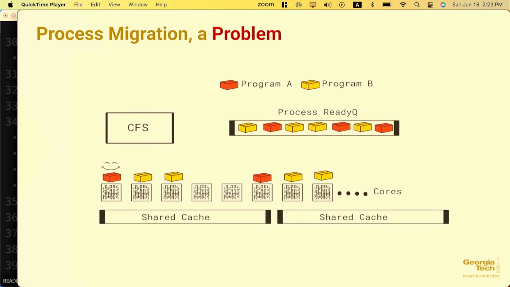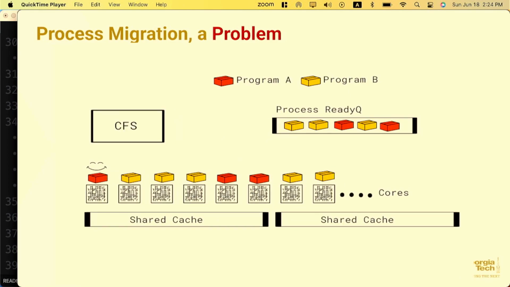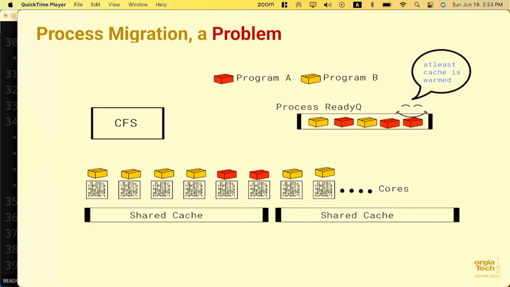Here we look at the problem of process migrations, where, given a huge number of processes, CFS first schedules these processes onto the available cores. When there are no more cores available for scheduling a process, it preempts an already executing process, puts it back to the ready queue, and then schedules a different process.